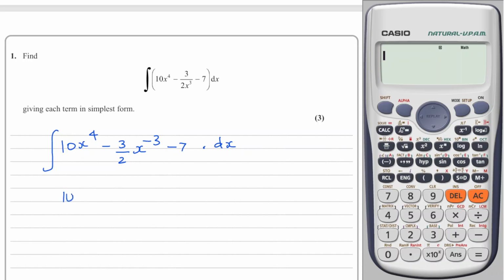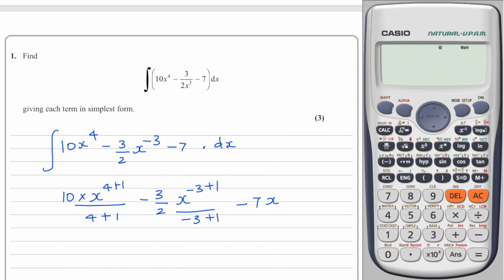So this is 10 times x to the power 4 plus 1 divided by 4 plus 1, then minus 3 by 2 times x to the power minus 3 plus 1 divided by minus 3 plus 1, then minus 7x.